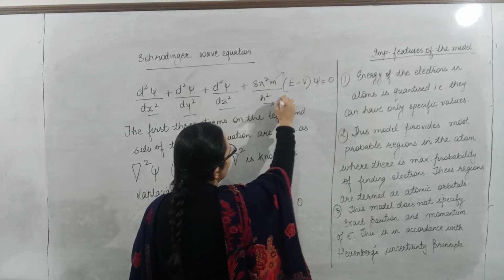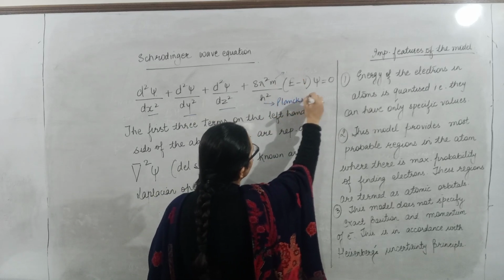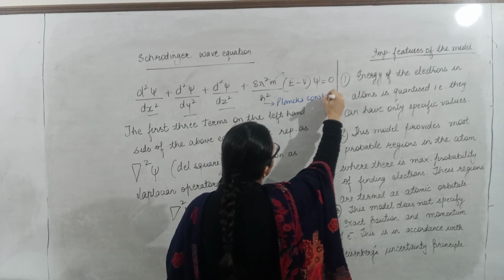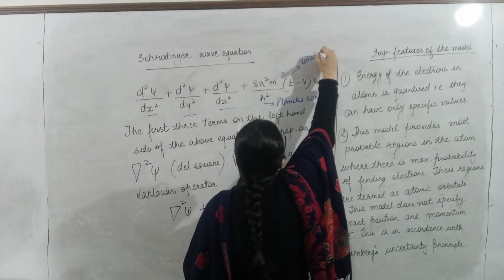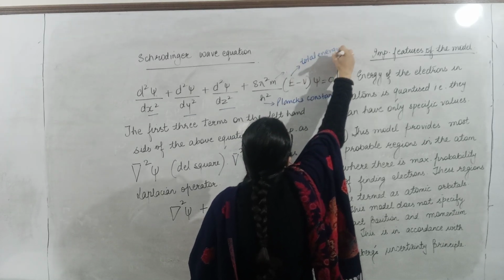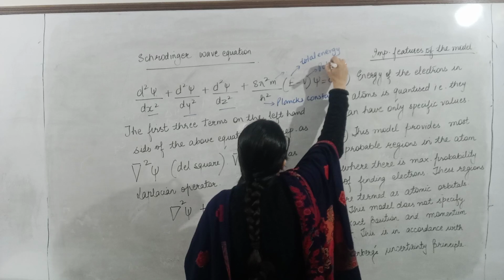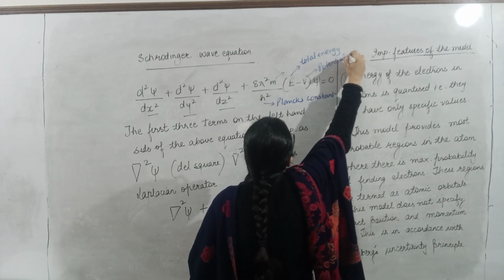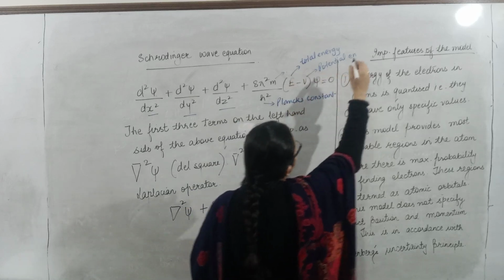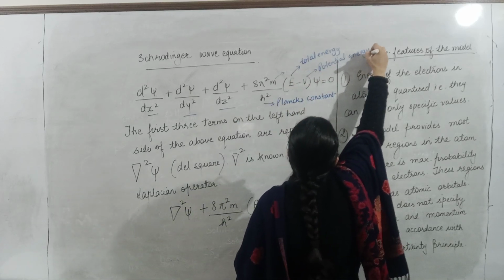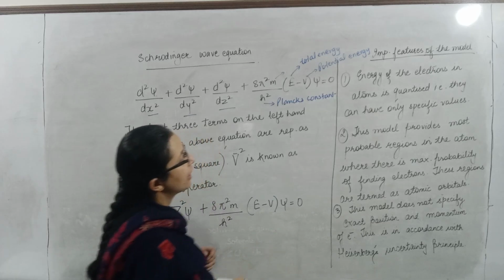H is the Planck's constant. E represents the total energy of an electron. V represents the potential energy of an electron. Basically, E minus V represents the total minus potential. So that represents the kinetic energy of an electron.